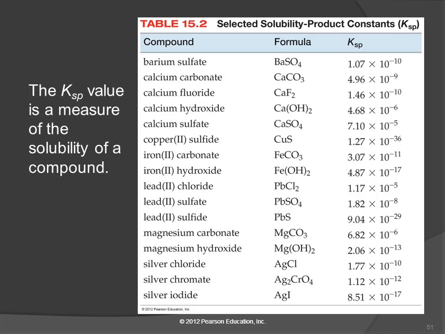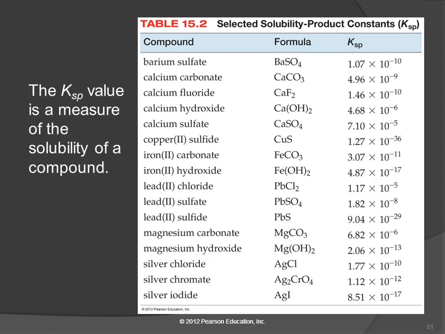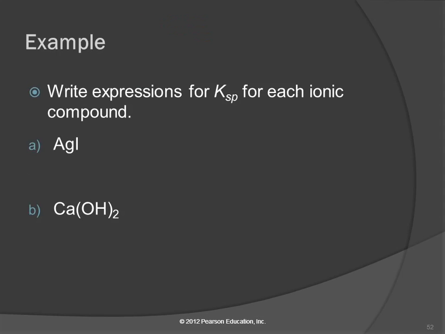Which one's the most soluble? Probably this one. Here we've got calcium sulfate at 7 times 10 to the minus 5, and lead chloride at 1 times 10 to the minus 5. So those are pretty similar. So Ksps, you look them up in a table or they're given to you in the problem. You don't memorize these either.